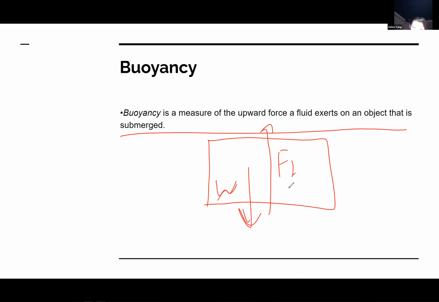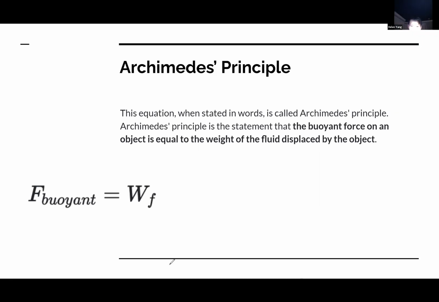So that's what keeps it afloat. So for buoyancy, another example again, this is the box. If there are two forces like that, then this would be the bottom force.